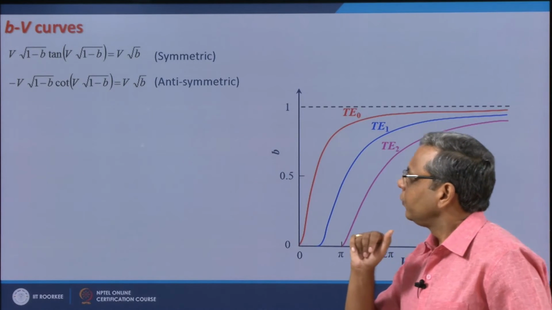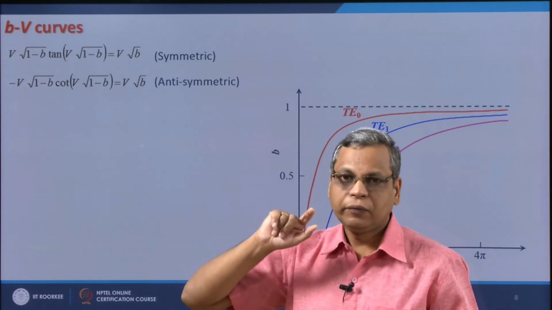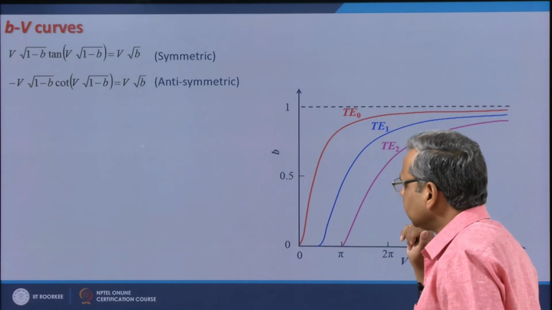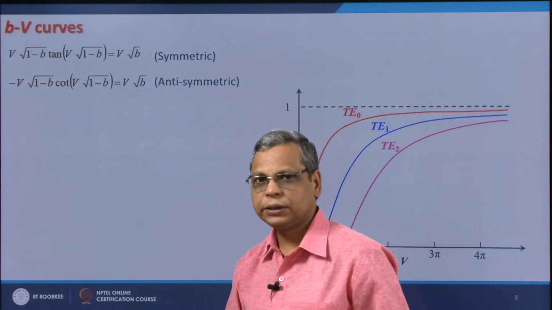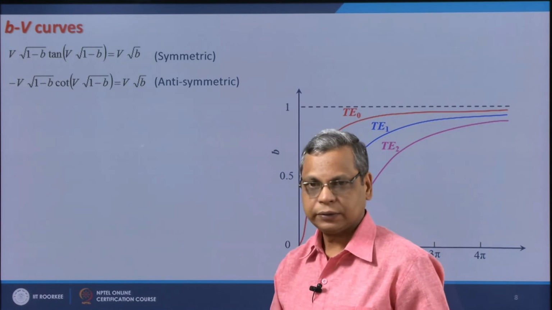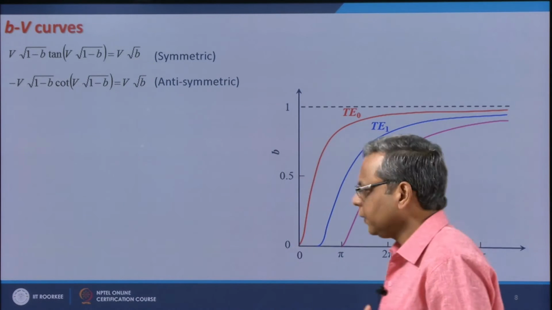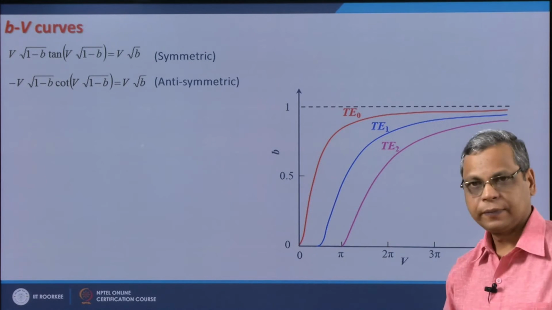As long as the value of V is less than pi by 2, there is no root coming out from this equation and there is only one root coming out of this equation. I find out that root for different values of V and plot it. It goes something like this.